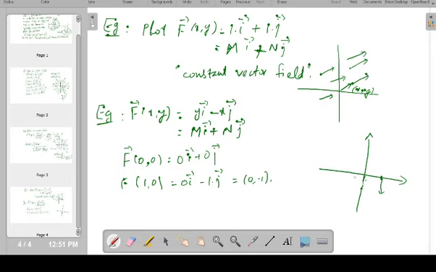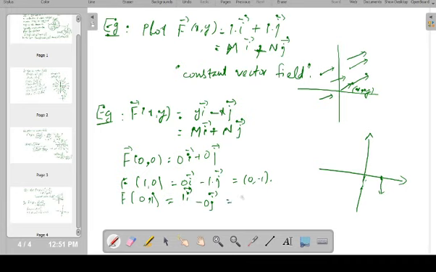Now take another point. Let us say f of 0 comma 1. So it is 1 into i minus 0 into j.